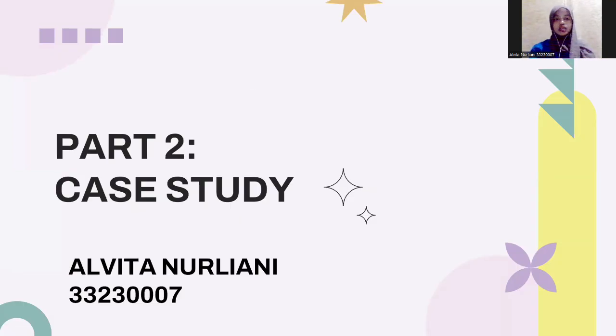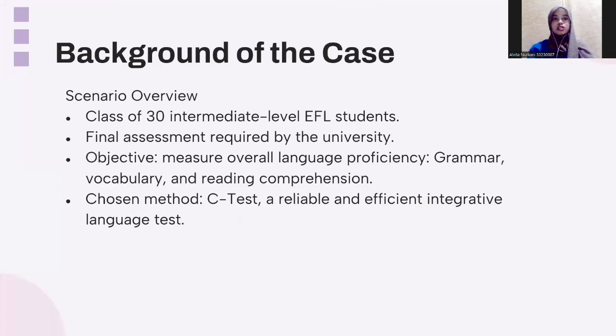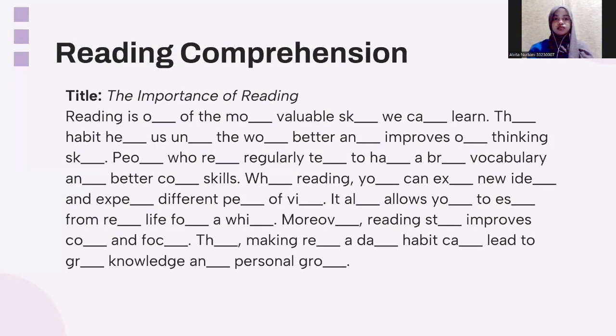Then in this part 2 is a case study, with the scenario overview of a class of 30 intermediate level EFL students with their final assessment required by the university. The scenario's objective means that the C-test will measure their overall language proficiency from grammar, vocabulary, and reading comprehension, with the chosen method being the C-test.